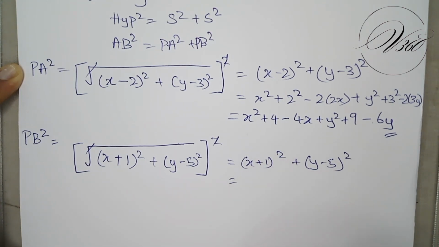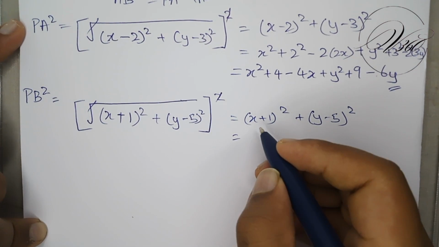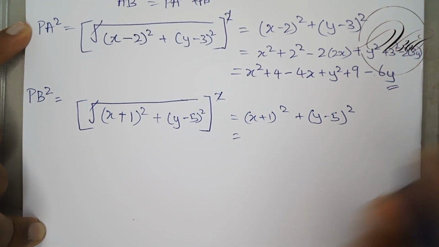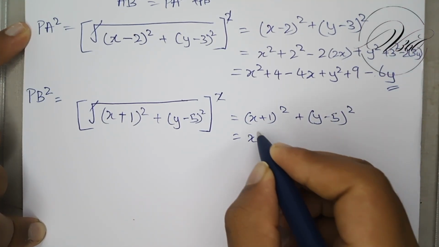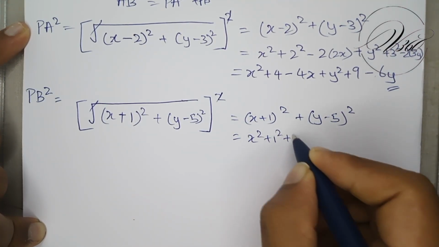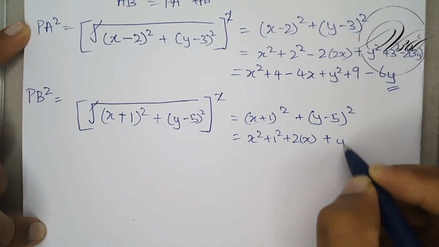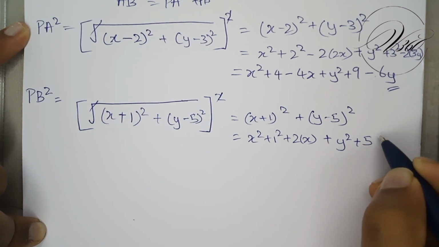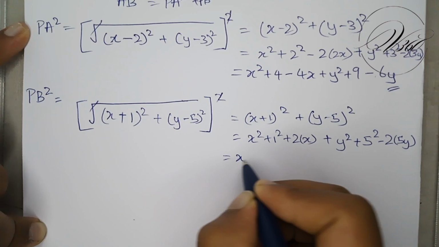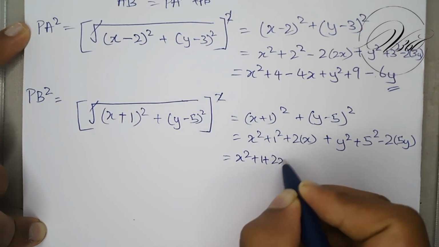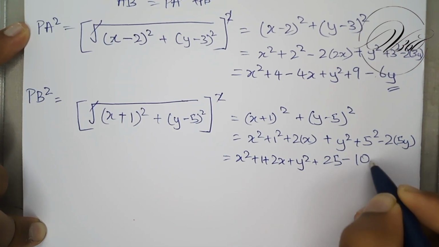Now if we solve here, we'll get x square plus 1 square plus 2 of x into 1 is x, plus y square plus 5 square minus 2 of 5y, which is equal to x square plus 1 plus 2x plus y square plus 5 5s are 25 minus 2 5s are 10y.